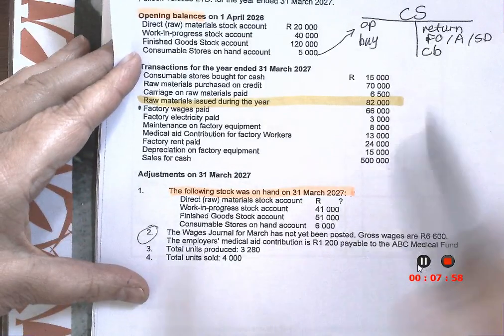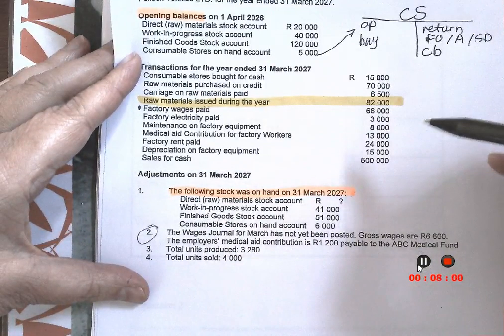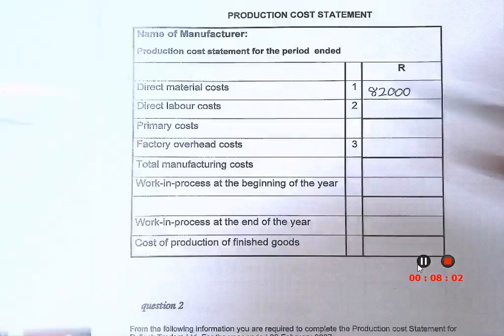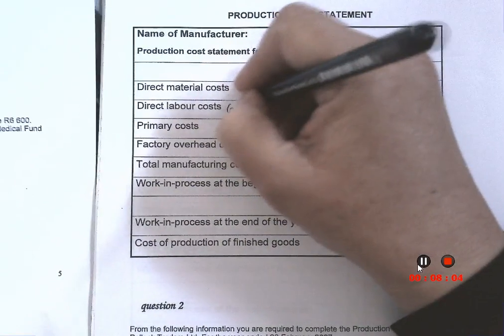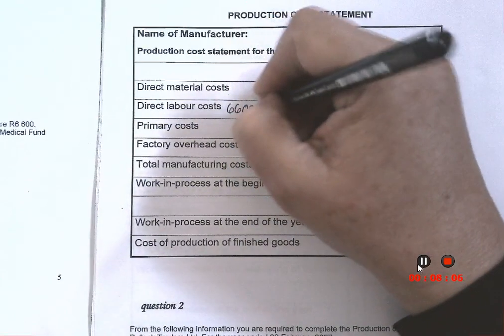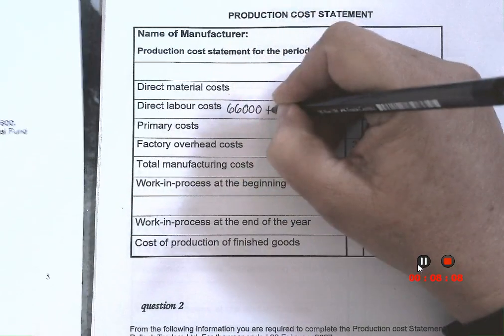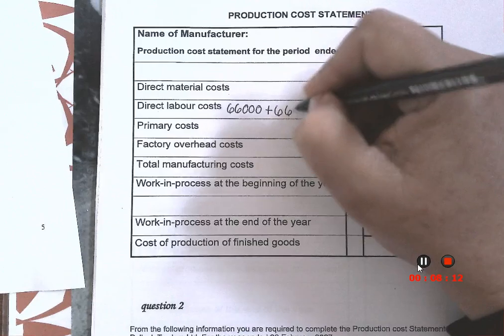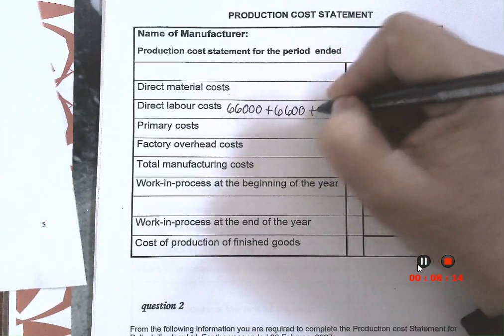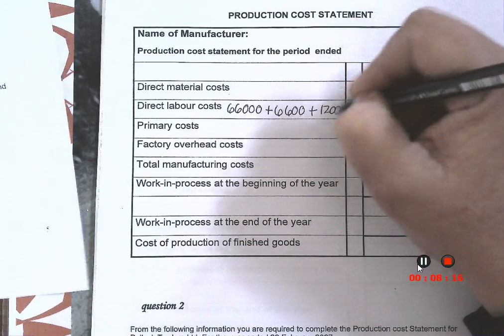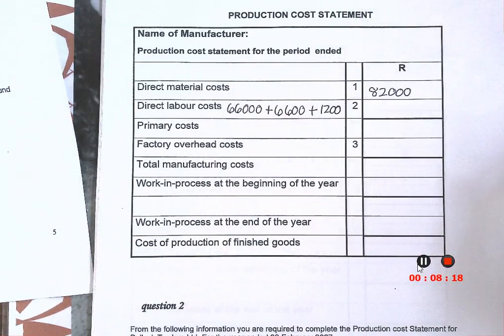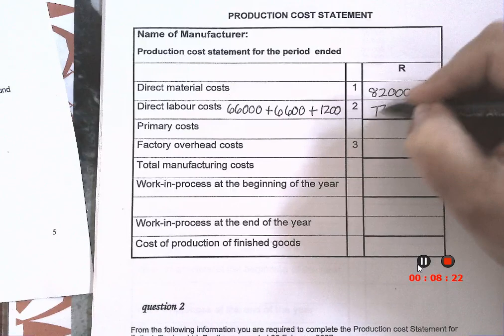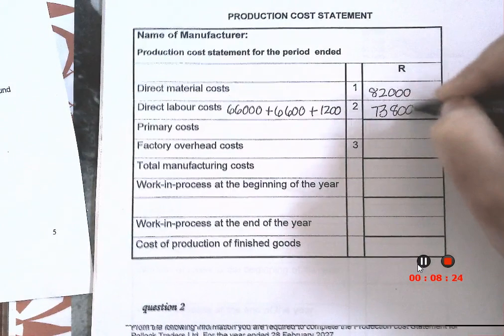So I take that factory wages paid, the 66, I add the gross and I add the contribution. So that gives me what? 73,800. Okay, and now I need to total.